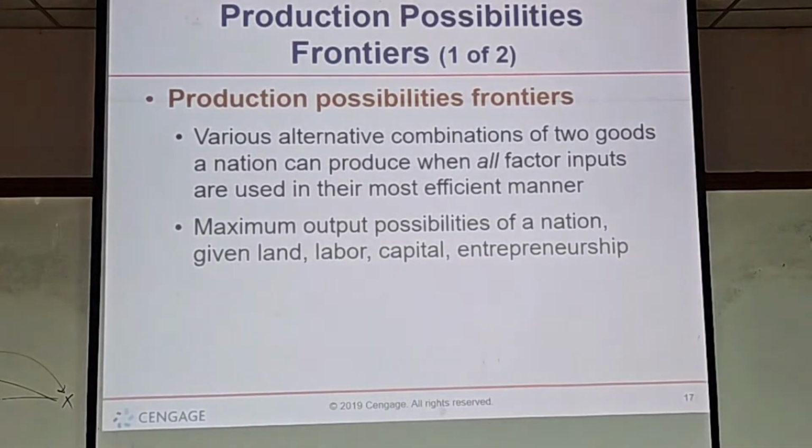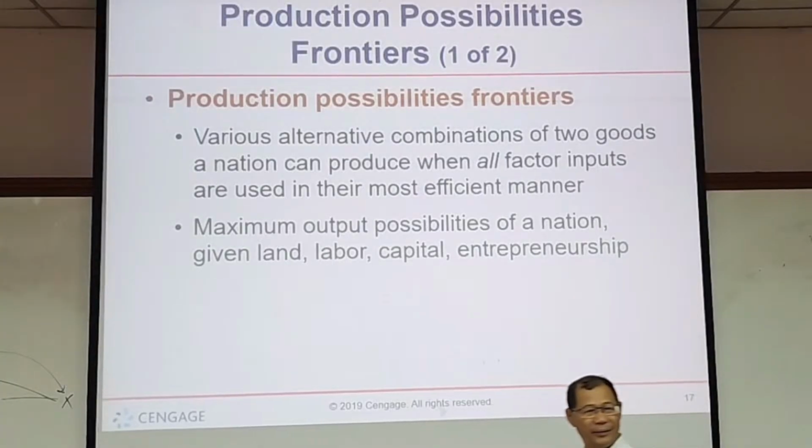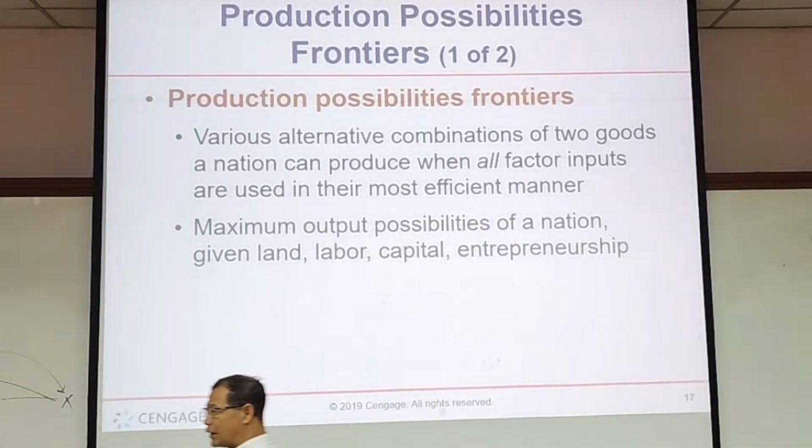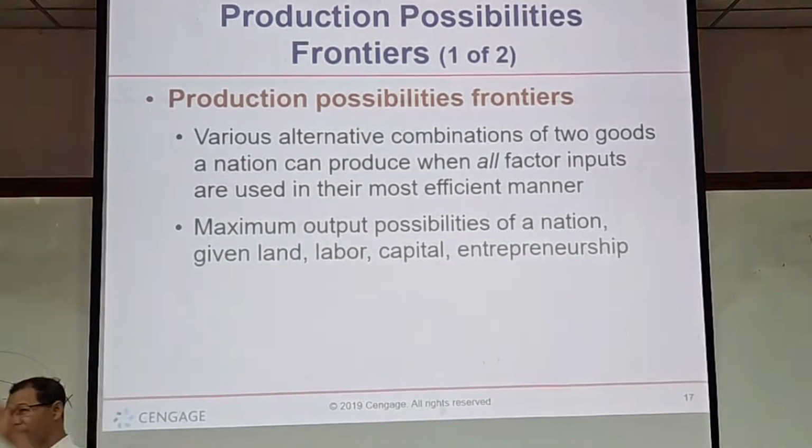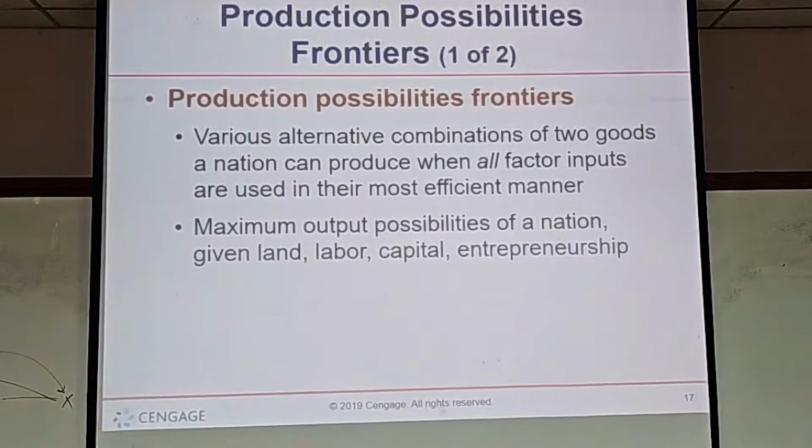Inside is possible, outside is not possible. The production possibilities of a nation are given land, capital level, and entrepreneurship. Marginal rate of transformation is the slope. It is the amount of product a nation must sacrifice to obtain additional product. The rate of sacrifice is opportunity cost, different in both countries.